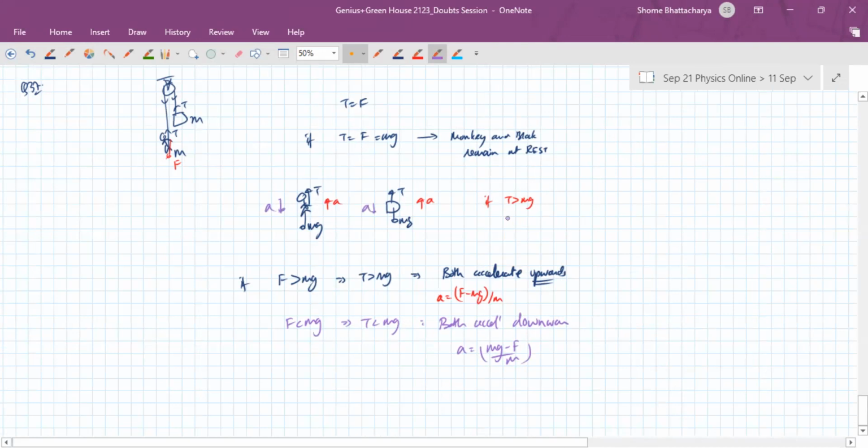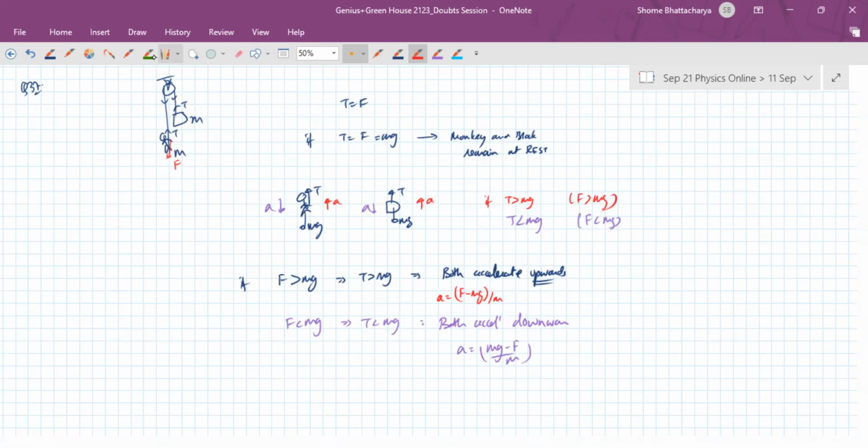We apply the condition that T is less than mg because F is less than mg. So that's your 37th question.